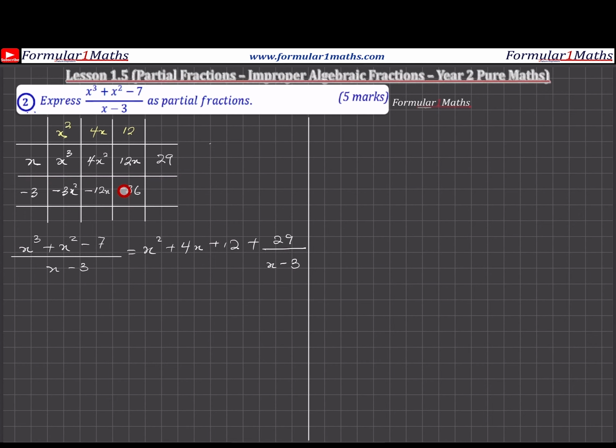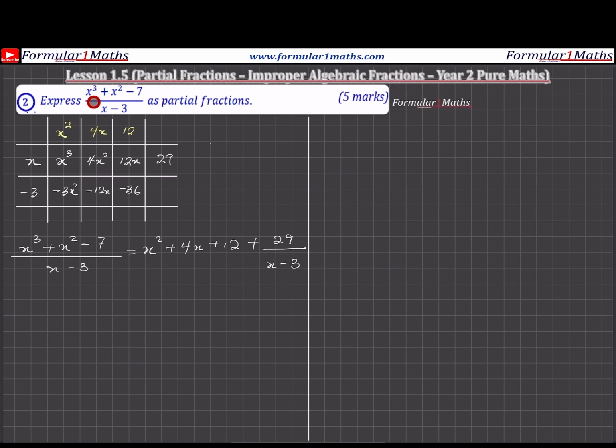So I'll now finish this session by solving the same question using the formula. Using the formula, as we explained earlier, the degree of the numerator is 3 and the degree of the denominator is 1, and the difference is 2.